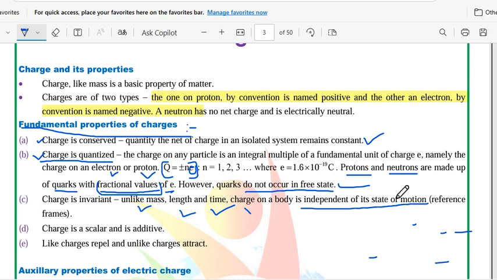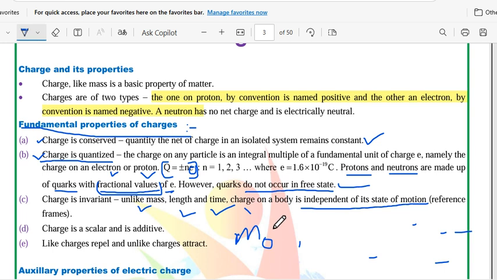Suppose let us take the rest mass, that is m naught, whose value is equal to m naught. Mass is variant, but charge is invariant. Why?